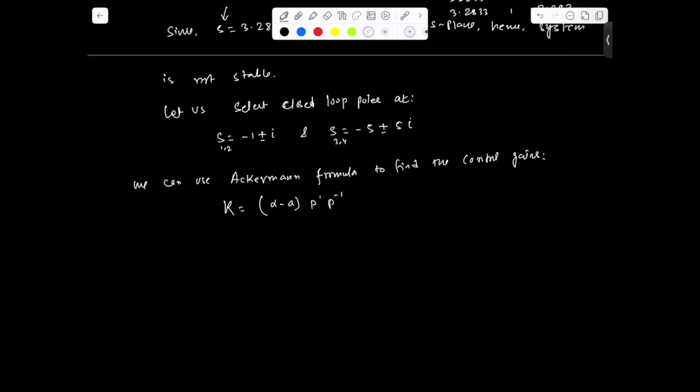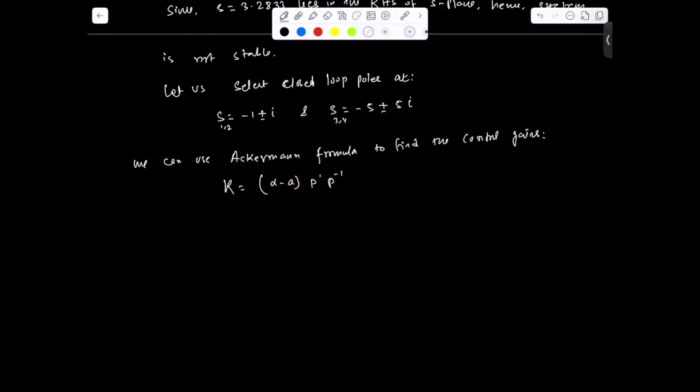So we have to find these parameters alpha, a, and P. Here alpha are the coefficients of the desired closed loop characteristic polynomial, and a are the coefficients of the characteristic polynomial of the system matrix, right?